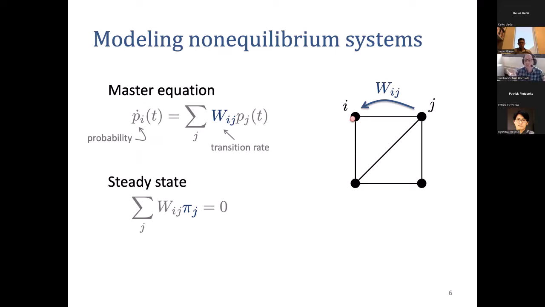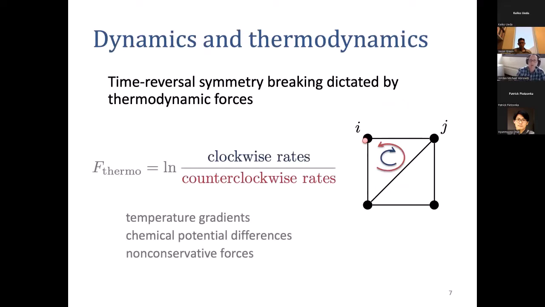That's basically a mathematical model, but we've got to put some physics in. In a stochastic thermodynamics context, I'm going to assume local detailed balance. I'm going to recognize that if I drive my system out of equilibrium, that's going to break time reversal symmetry, and I can quantify that time reversal symmetry breaking by looking at the product of rates around any cycle and its reverse.